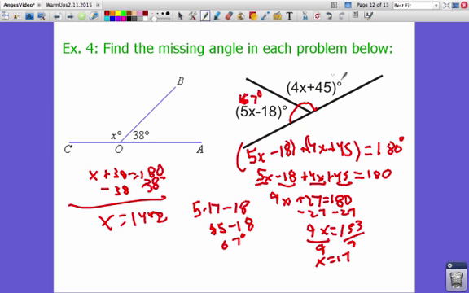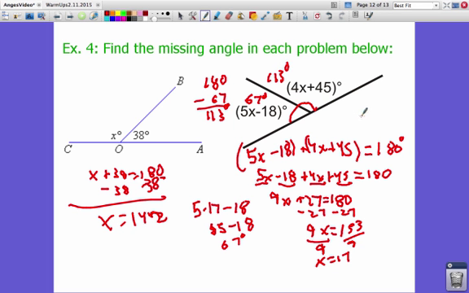Now the other one, I could plug in 17 for x and figure it out, or I know that these two angles have to add to 180, so I can just do 180 minus 67, which gives me 113 degrees, which goes over here.